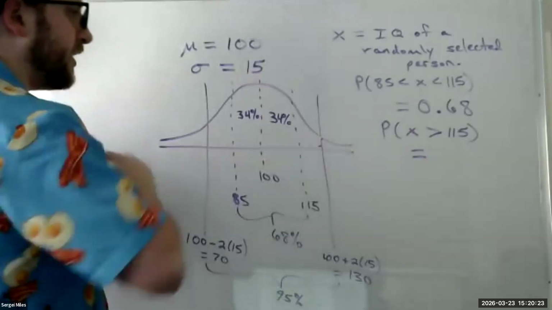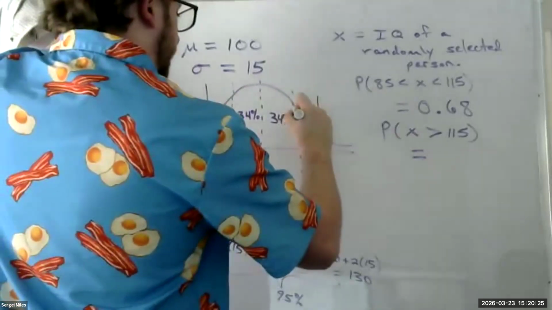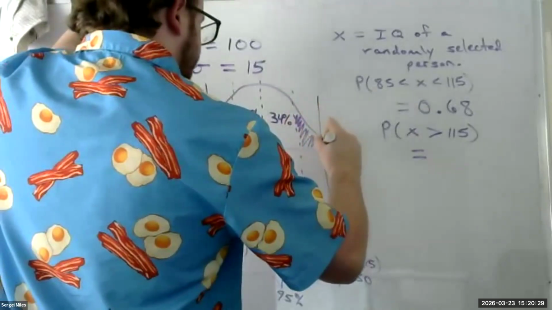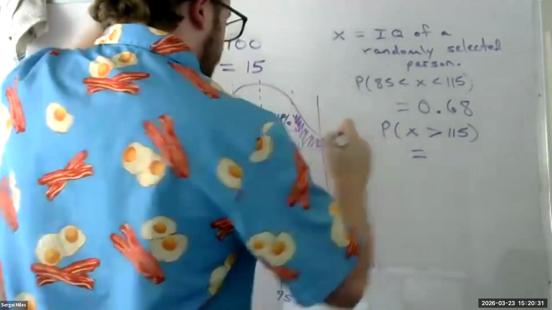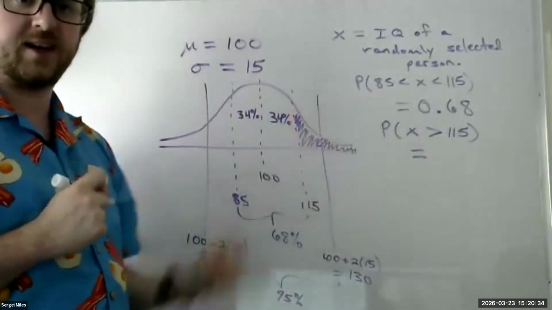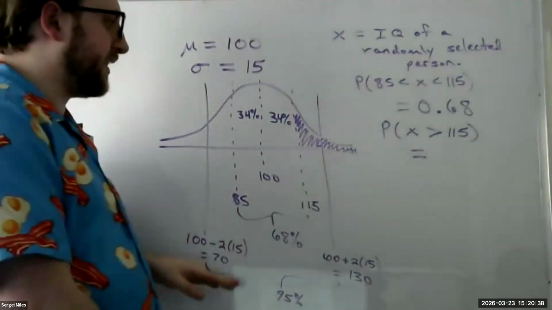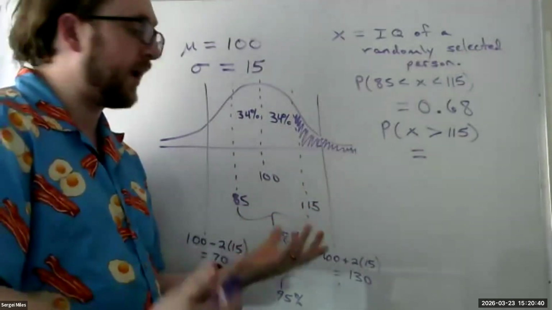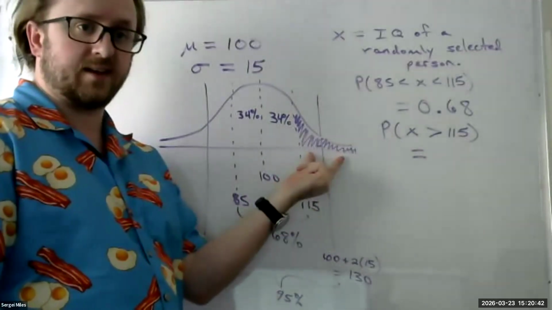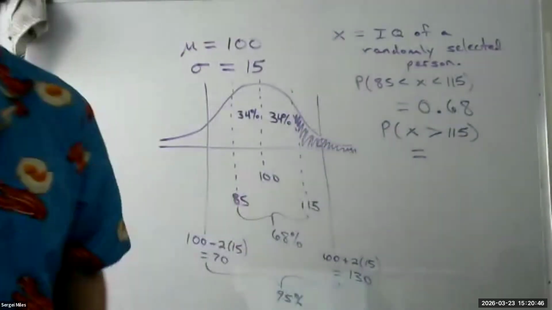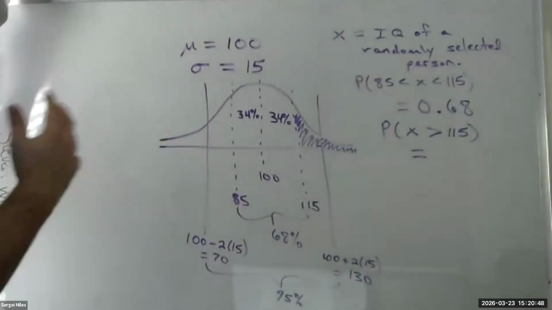Well, it's the region to the right of 115, this entire shaded piece, this tail end. The empirical rule doesn't tell me what this is, at least not at first glance. However, how can I find it using what we already know?